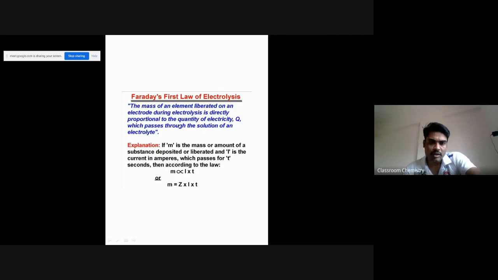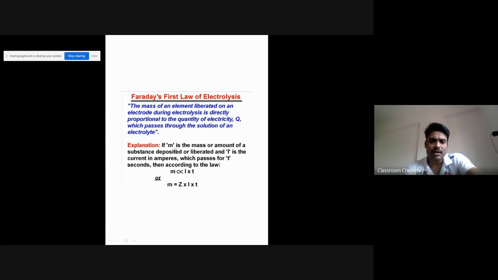The principle of Faraday's first law of electrolysis: the mass of an element liberated on an electrode, that is, on the cathode, during electrolysis is directly proportional to the quantity of electricity, which we denote by the letter Q or I, passing through the solution of an electrolyte.